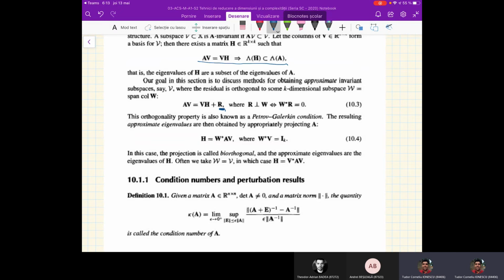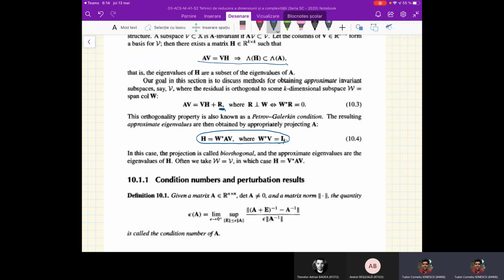And that's why these projections, which compute H, the projection of A onto the new subspace, are called a Petrov-Galerkin projection.